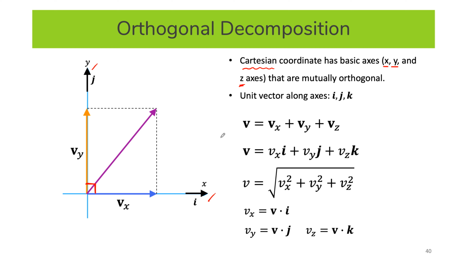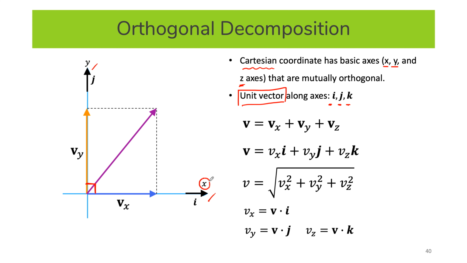You will have to define what we call a unit vector for each of these orthogonal axes. For the x-axis, it's conventional to call this unit vector i. For the y-axis it is j, and for the z-axis k.